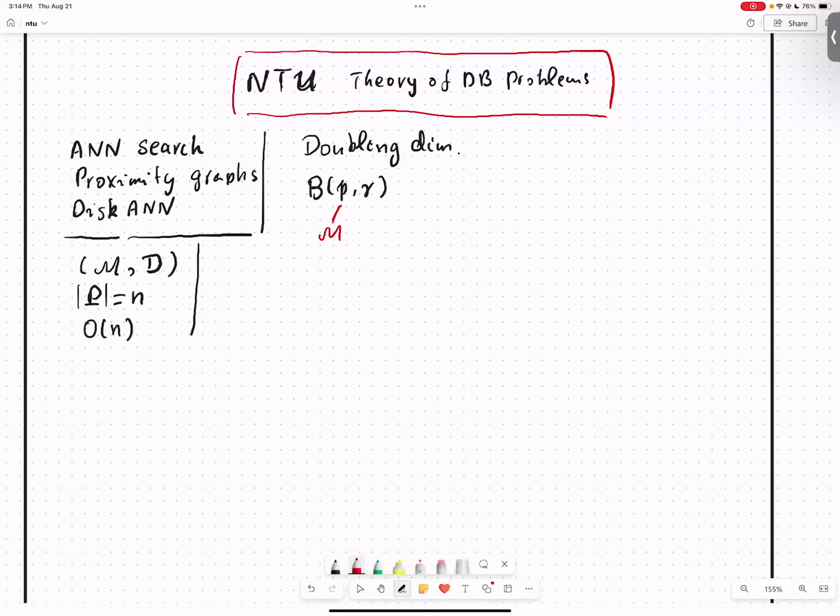And this R is a real value, larger than or equal to 0. Let's allow distance 0.